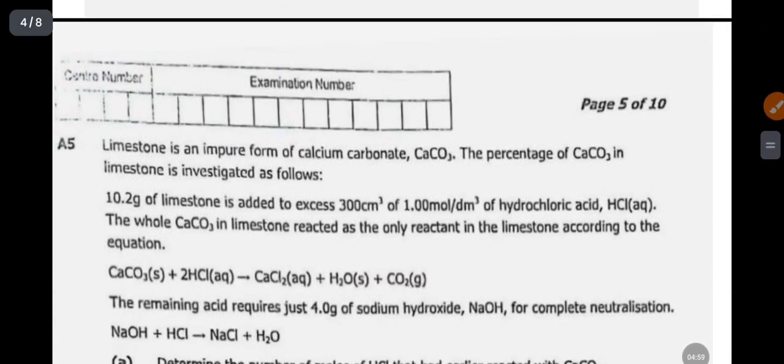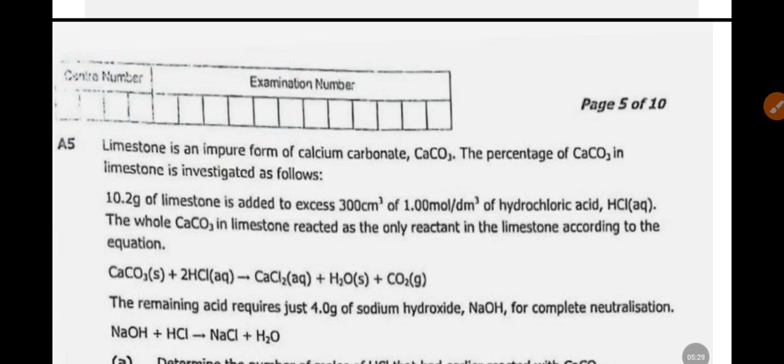Question 5. It's on more concepts and it's very interesting. Limestone is an impure form of calcium carbonate. The percentage of calcium carbonate in limestone is investigated as follows. 10.2 grams of limestone is added to excess 300 cm³ of 1.0 mol/dm³ hydrochloric acid.